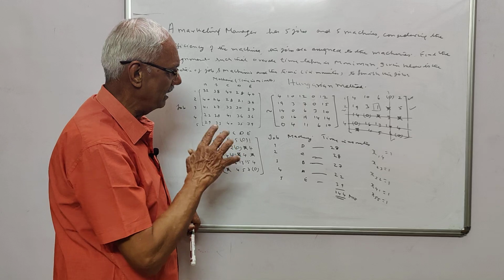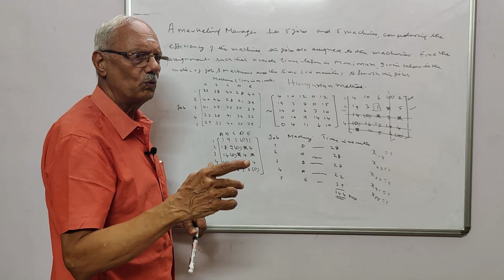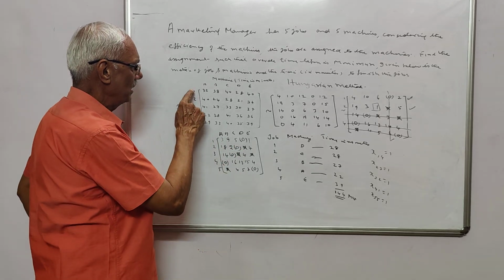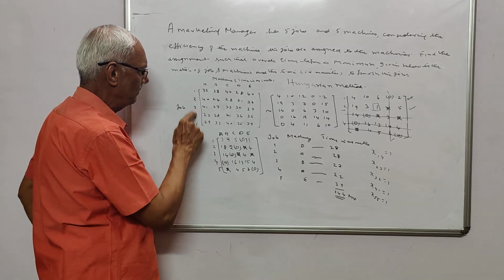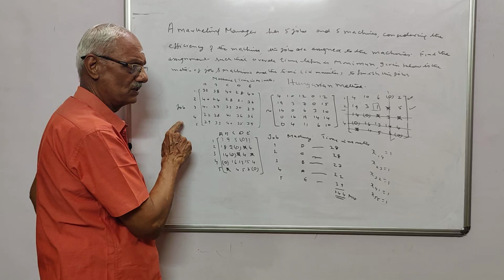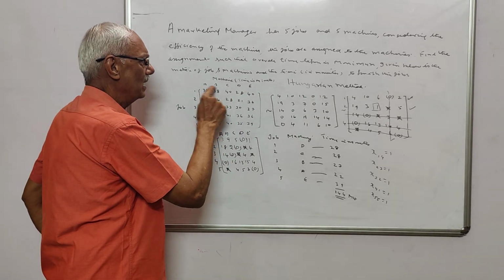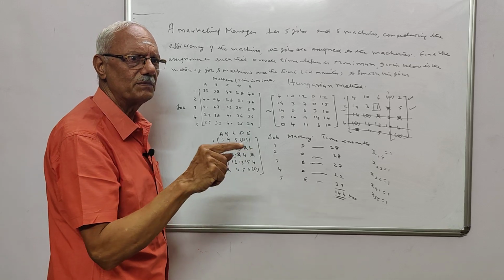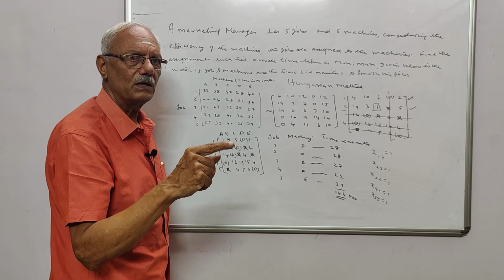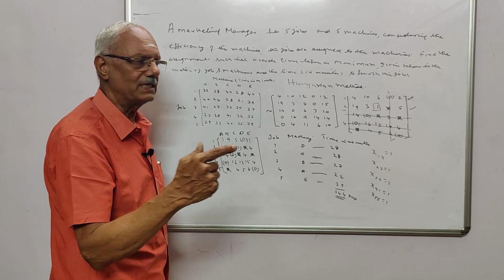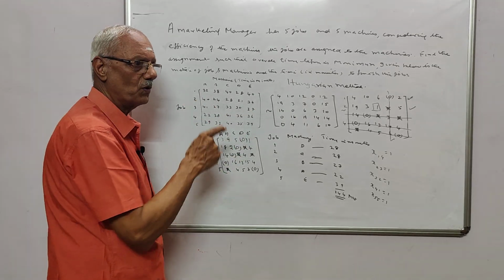I will do the same problem tomorrow with respect to profit making, in the sense that here the 5 jobs can be 5 persons, and these are the places where the salesman will be doing their sales, and this may refer to the profit.